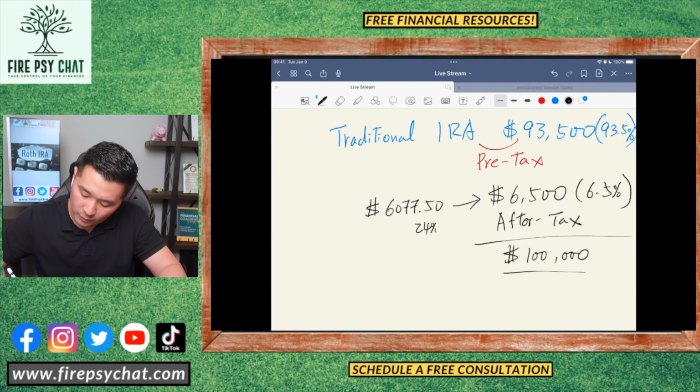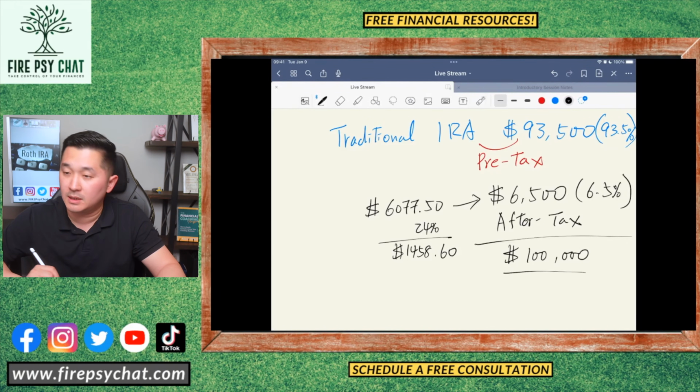So 24% of that would be $1,458.60. If my math is wrong, just go ahead and call me out in the comment section down below. So that sucked, right? Because 93.5% of this 6,500 I'm converting has to be taxed.